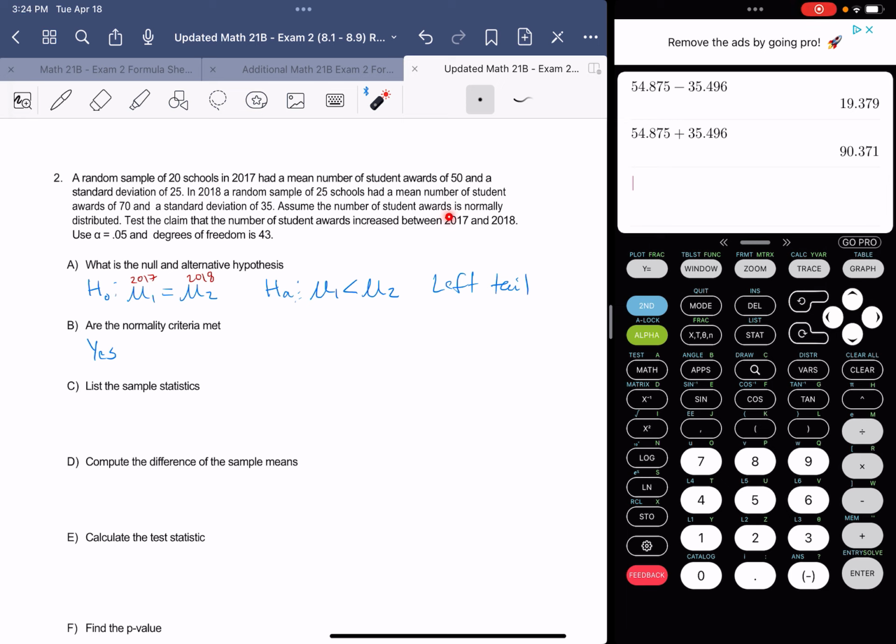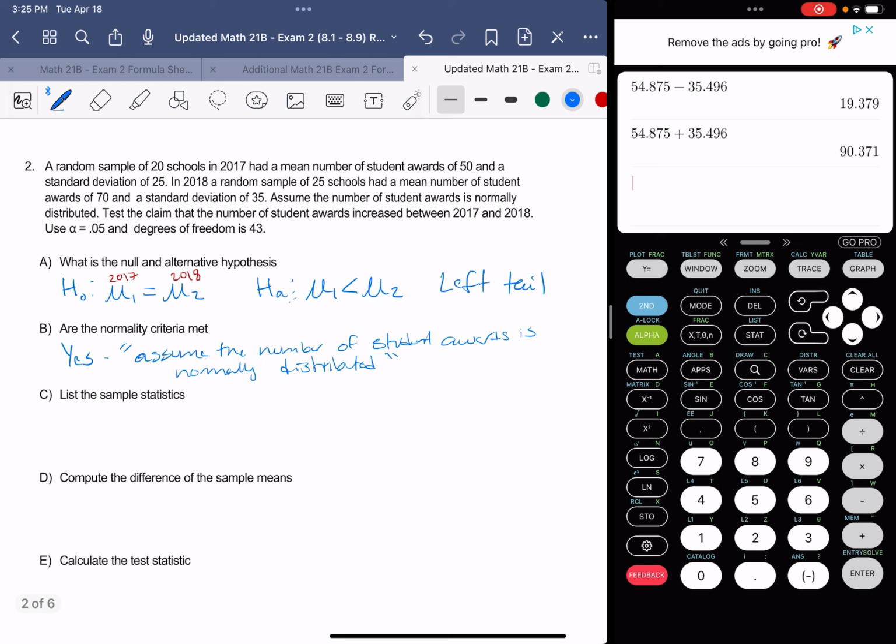If it did not say normally distributed, then you would look for sample sizes greater than 30. It has to be one of those two at least. So yes, and I'm just going to quote it: assume the number of student awards is normally distributed.